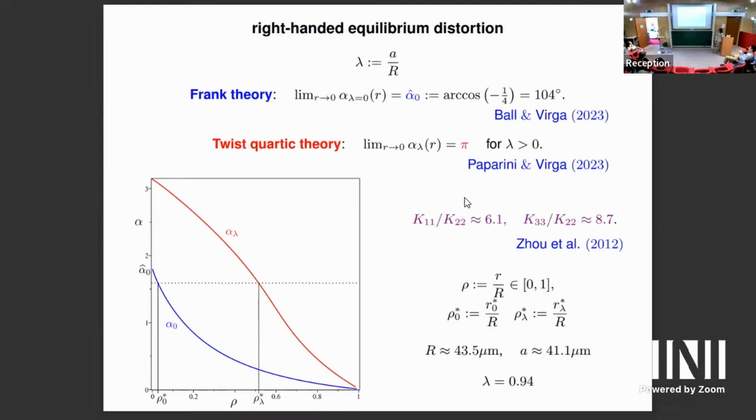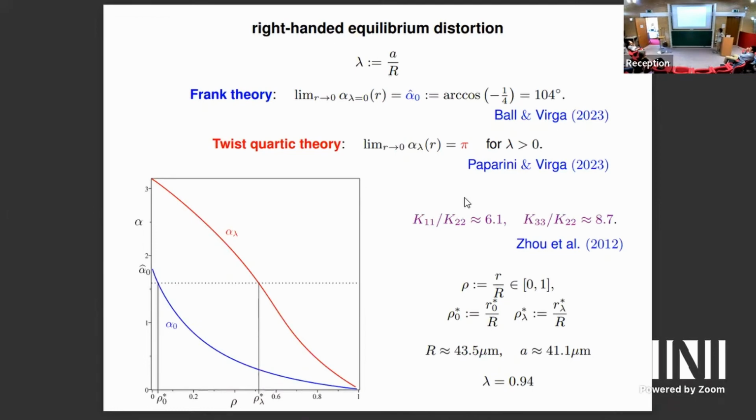The dashed line at pi over 2 intercepts the graph at two values of rho, a scaled coordinate given by the ratio between the radial coordinate and the radius of the sphere. This value of rho, which I call rho star 0 for the classical theory and rho star lambda for our theory, is appreciably different, and they represent the scaled inversion rings predicted by the two theories.